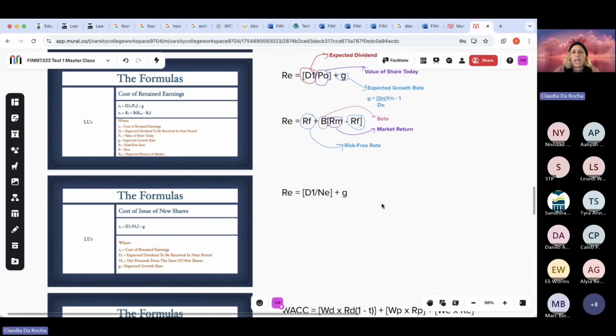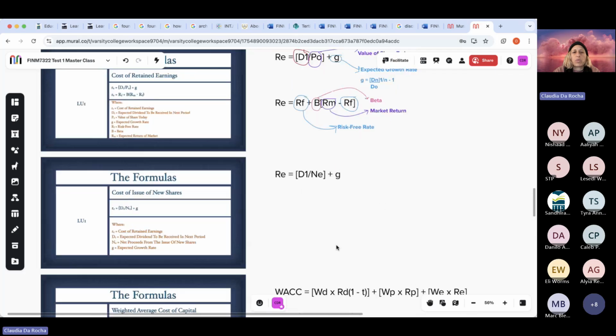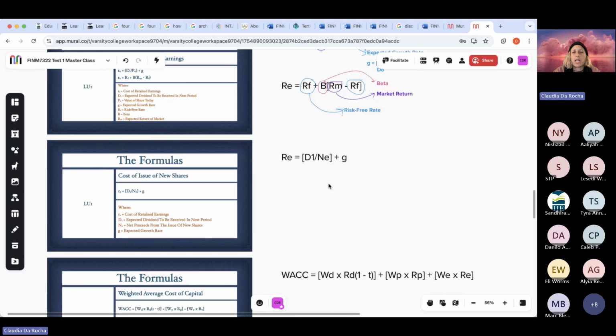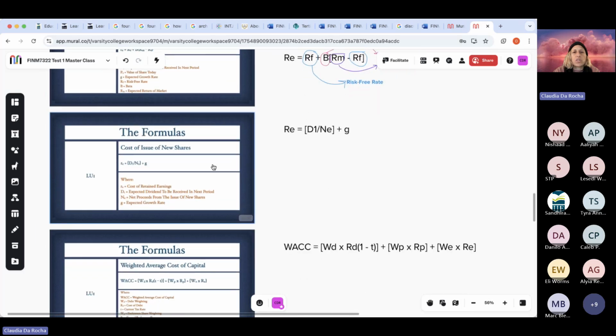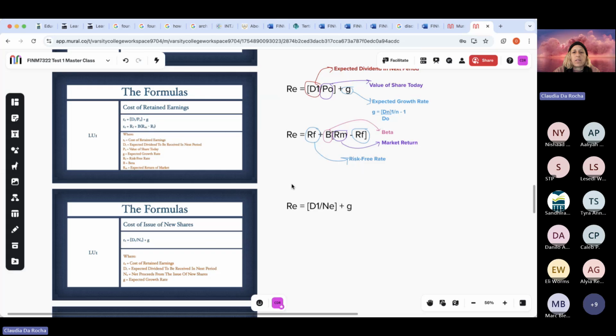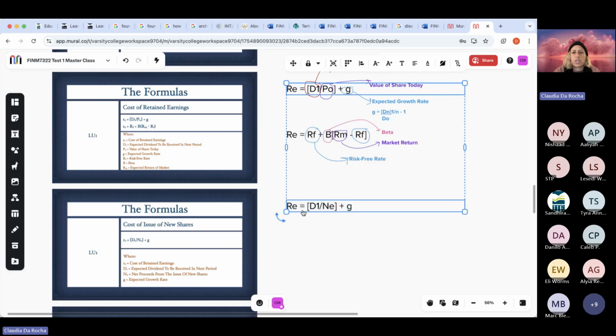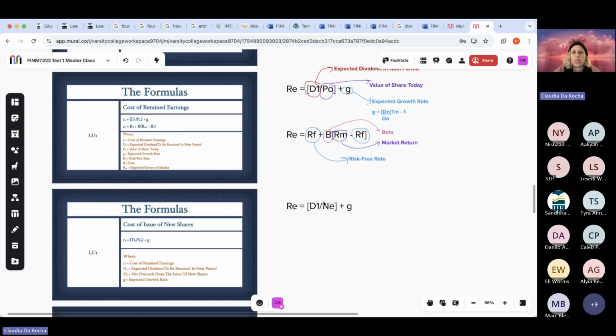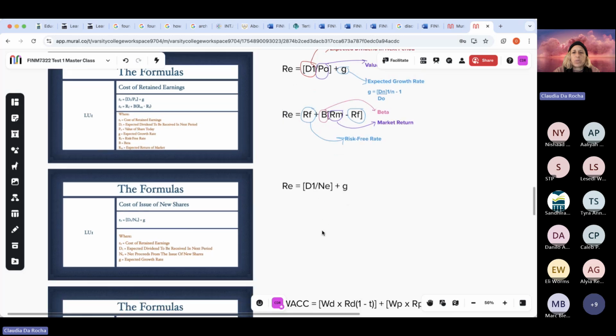All right. Then we have the formula for when you have a cost of issue of new shares. Okay, so the only difference between this formula and this one is that we are using NE, which is your net proceeds.